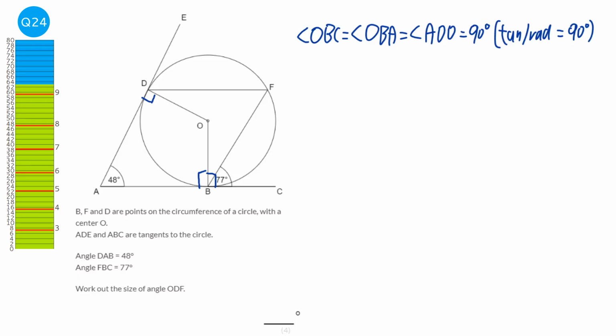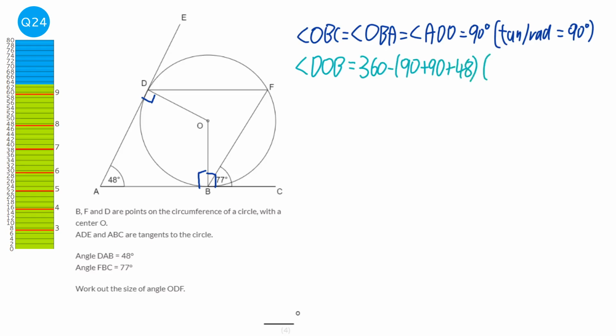Okay, so the first thing I'm realizing is that there's a nice little quadrilateral here. And whenever we've got a quadrilateral and we've got three of the angles, we can work out the last one. So angle DOB is going to be 360 take away the angles that we know, so 90 plus 90 plus 48.